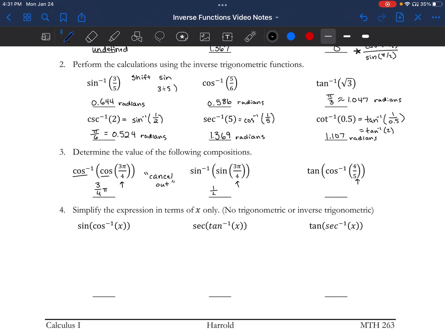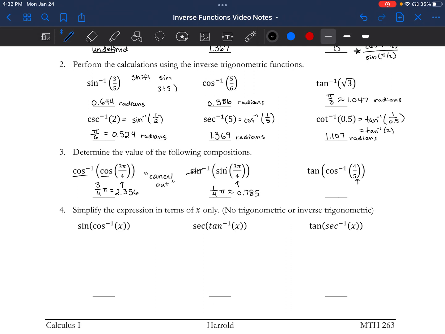We get 1 over 4 pi. Now, again, I want to make sure you guys are realizing I'm going to get decimals in some cases. So there's the first one, and there's the second one. But the question becomes, why didn't I get the same answer?